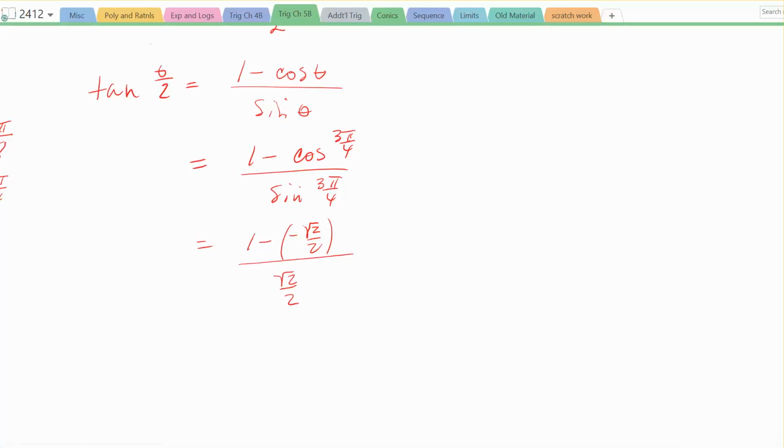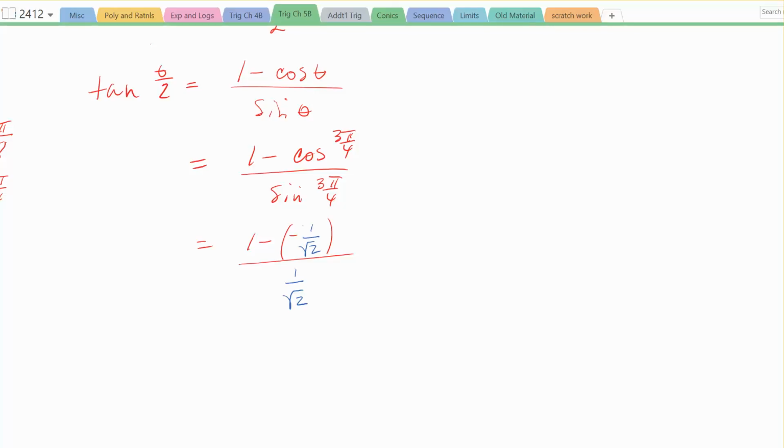Now I have a compound fraction here, so I'm going to show you something. I'm going to rewrite the square root of 2 over 2 in its unrationalized form. In other words, I'm going to leave the radical in the denominator to eliminate one of my steps here. Remember, 1 over the square root of 2 is the square root of 2 over 2. I have a compound fraction, and so I want to get rid of my compound denominators.